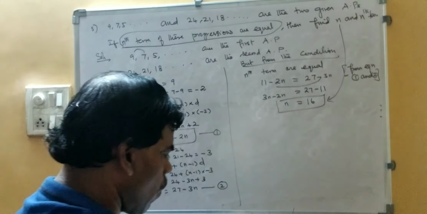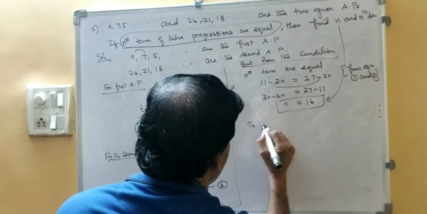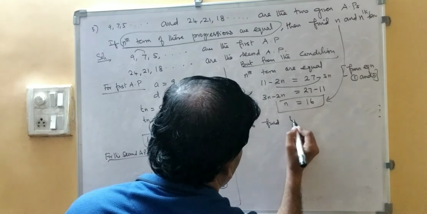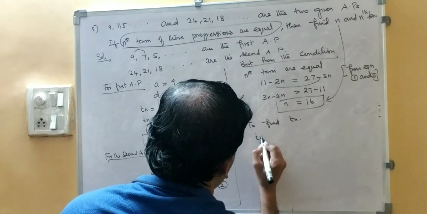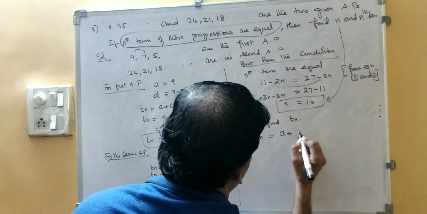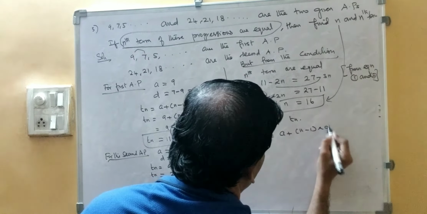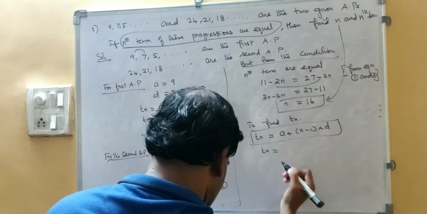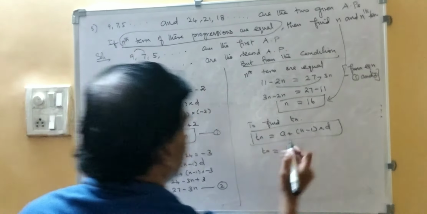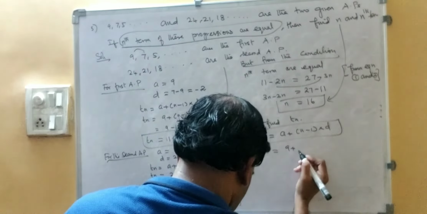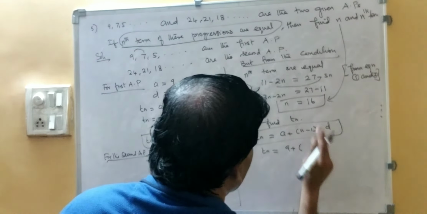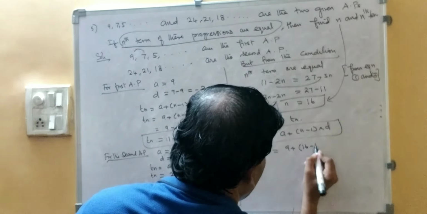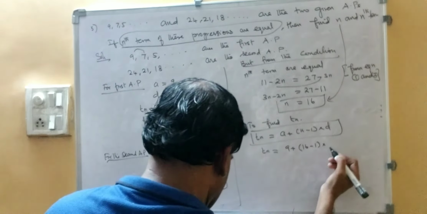What we have to find out now? The nth term. To find Tn, what is the formula? A plus n minus 1 into d is equal to, what is A here now? 9 plus, what is n now? 16 minus 1 into, what is d?